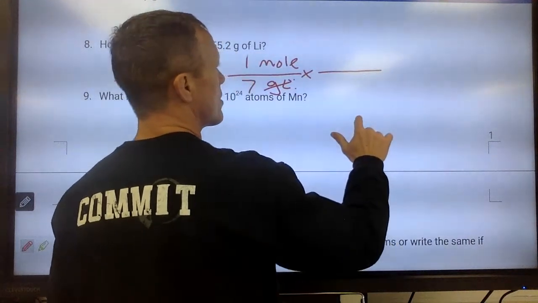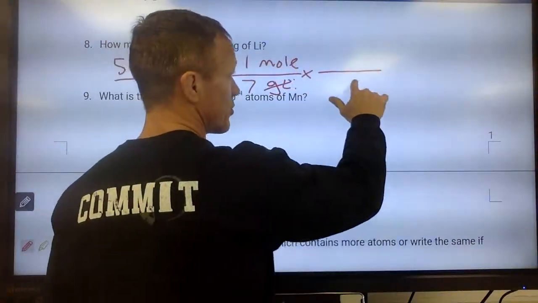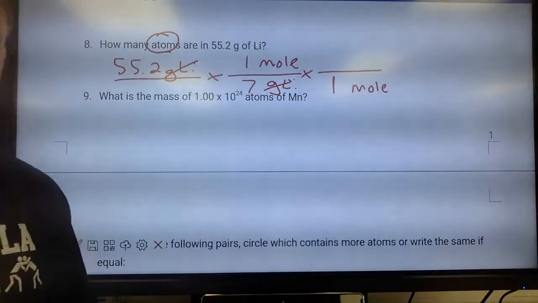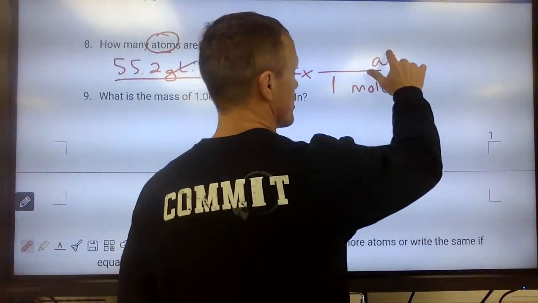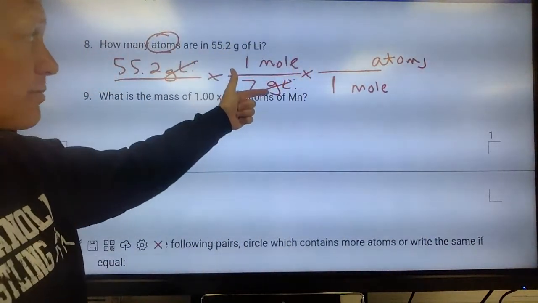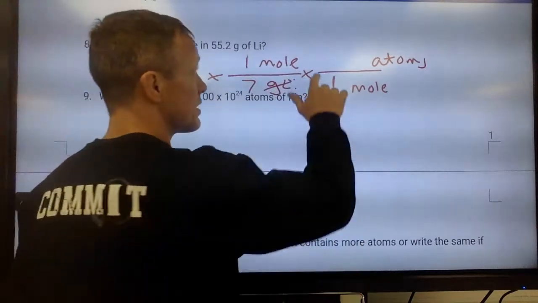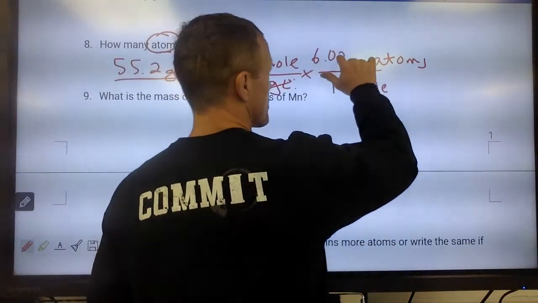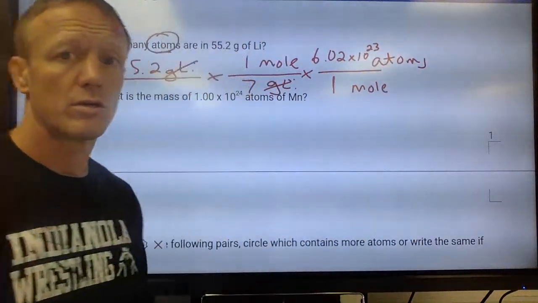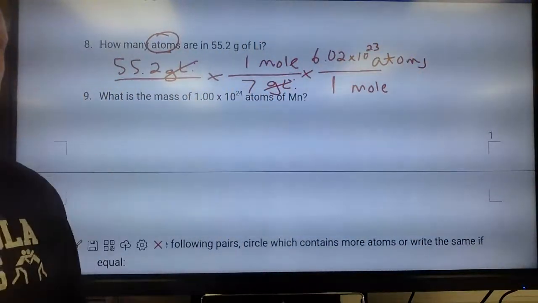Going here, 1 mole is my label there, so mole comes down here. Again, I'm still writing 1 mole. My other conversion is the number of atoms in a mole. I know 1 mole is this many grams for lithium, and 1 mole is then Avogadro's number of atoms, 6.02 times 10 to the 23rd atoms.